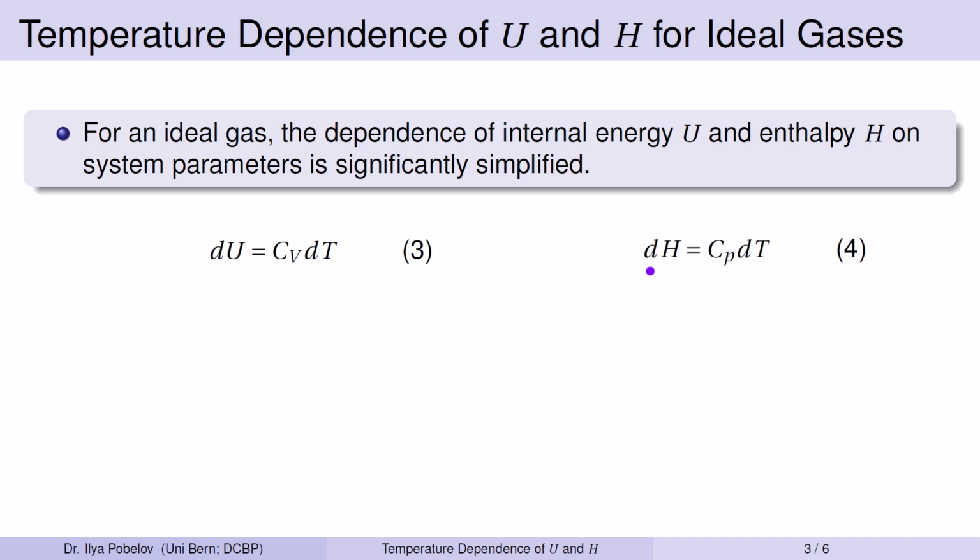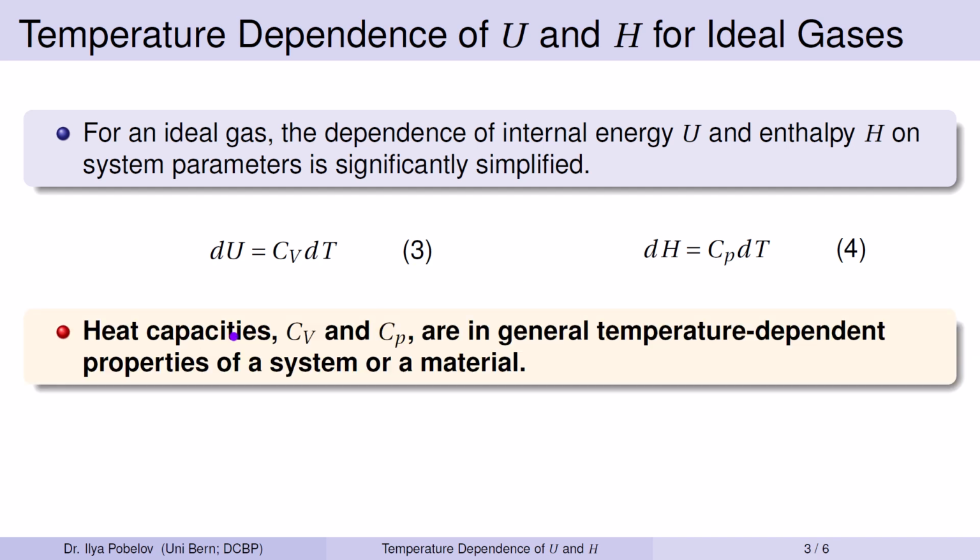Likewise, the infinitesimal change in enthalpy dH always equals Cp times dT. It is important to remember that the heat capacities Cv and Cp are in general temperature-dependent properties of a system or a material. This means that they can change with temperature, adding complexity but also accuracy to our analysis.